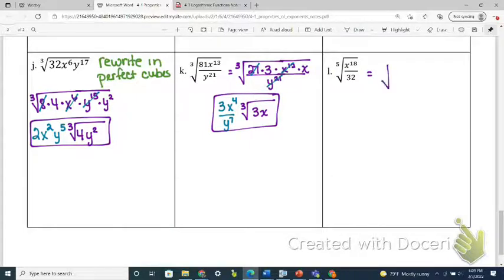So this becomes the fifth root of x to the 15th, and then I need 3 more, so it's x to the 3rd. 32 is 2 to the 5th. So this is divisible by 5, so that comes out as an x cubed. This is divisible by 5, that comes out as a 2. What's left inside? So I have the fifth root of x to the 3rd.